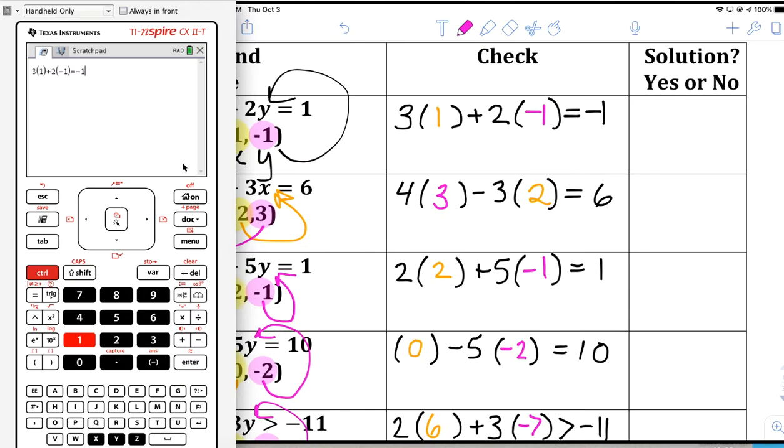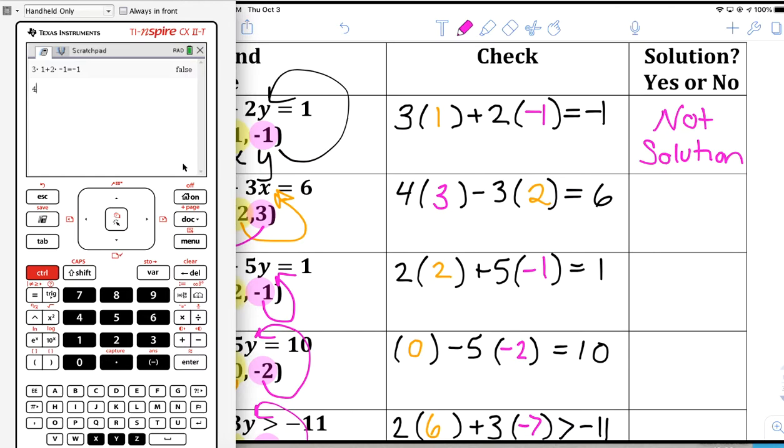When you press enter, that calculator is going to tell you whether or not that point is on that line, that equation. Okay? If it says false, then we say no, it's not a solution. If I type it in and it says true, then that is a solution. So let's try number 2.